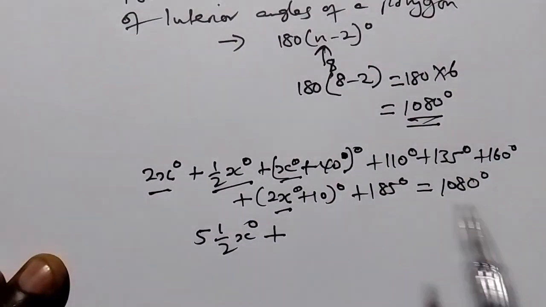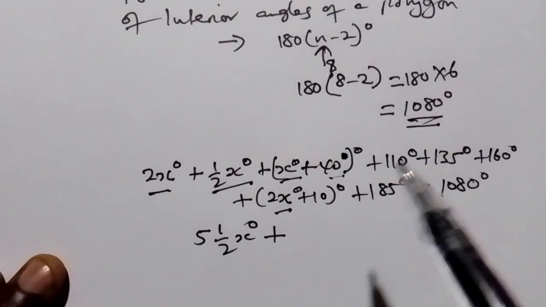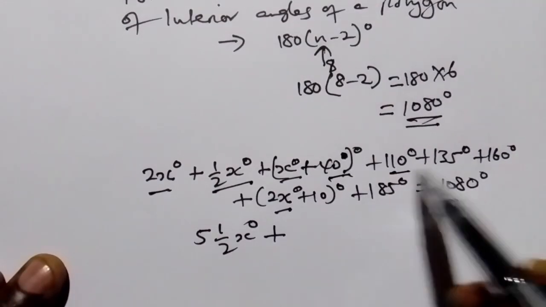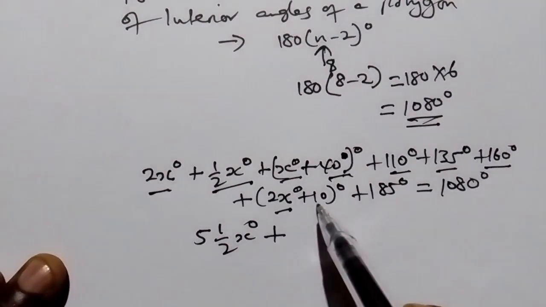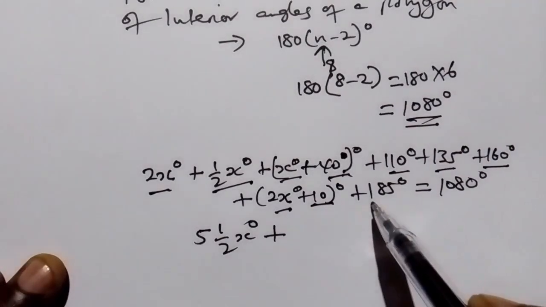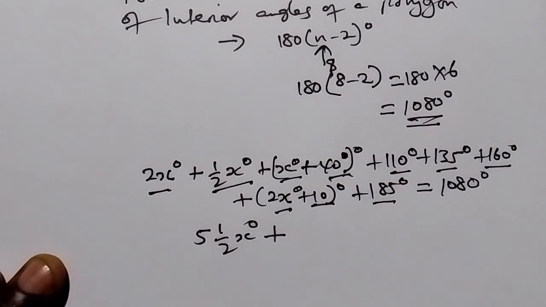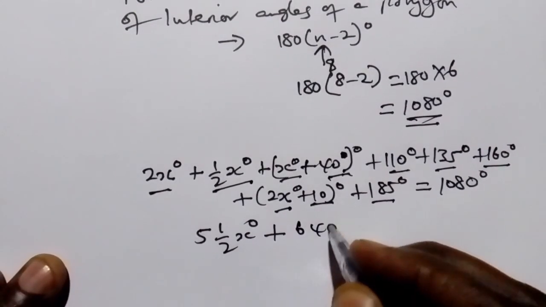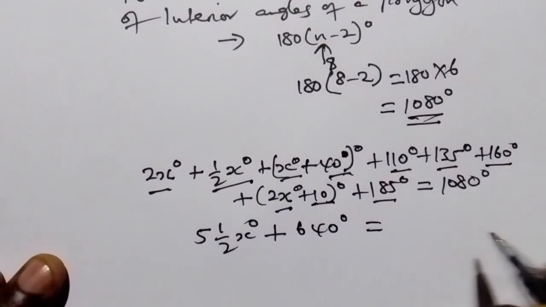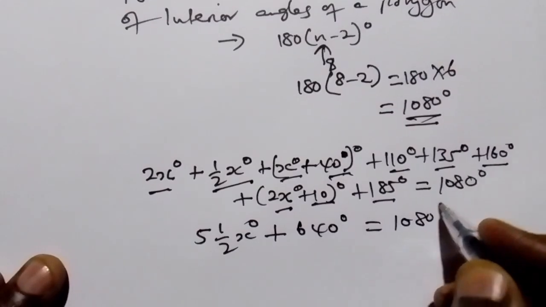Then we add 40 degrees plus 110 degrees plus 135 degrees plus 160 degrees plus 10 degrees plus 185 degrees. That is going to give us 640 degrees, which is equal to 1080 degrees.